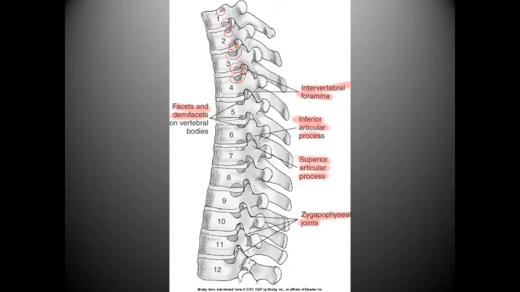One thing to notice is that we have the zygapophyseal joints here, and it continues all the way down. And also, based on the zygapophyseal joints and the vertebral body, it creates the intervertebral foramina, which, as we saw previously, allows the passageway of nerves through this area.